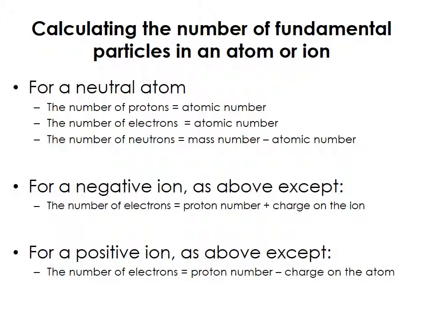For a positive ion, it's as above for the neutral atom, except that it has lost 1 or more electrons. The number of protons and neutrons will be the same as the neutral atom, and the number of electrons will be equal to the proton number minus the charge on the ion, because you've lost electrons.